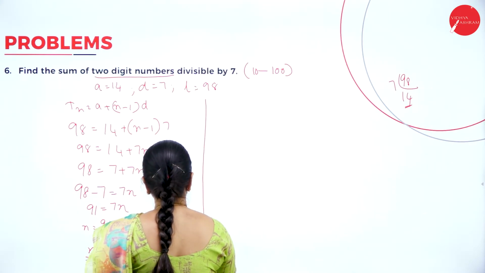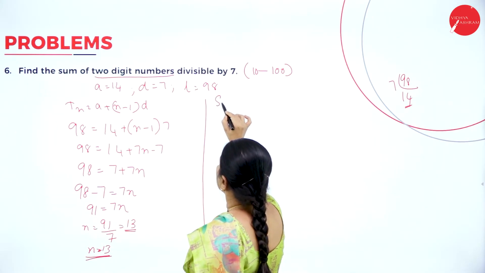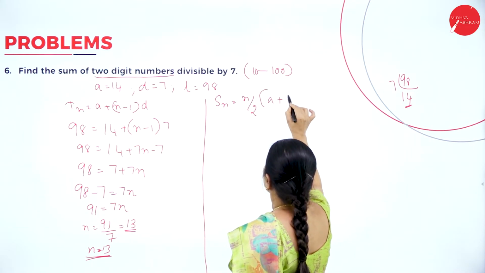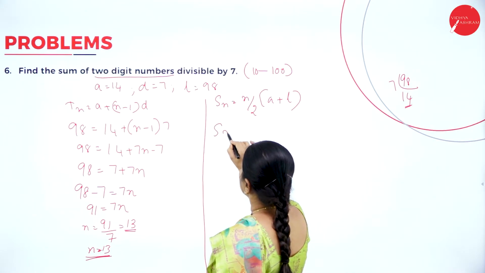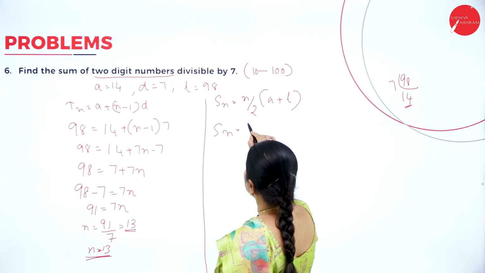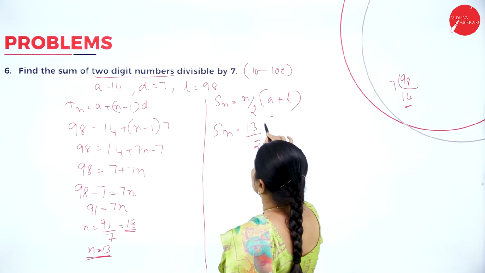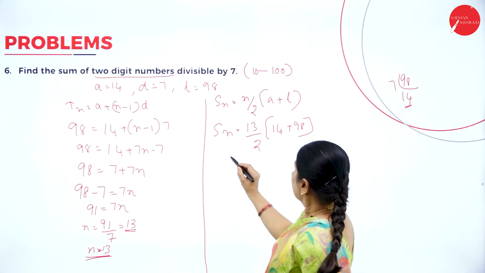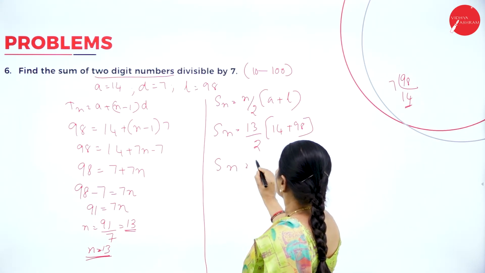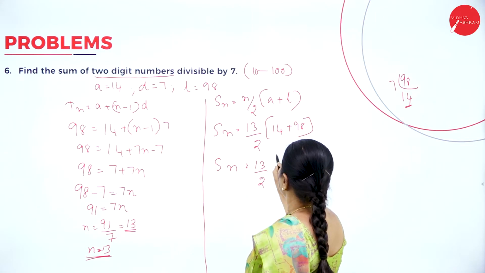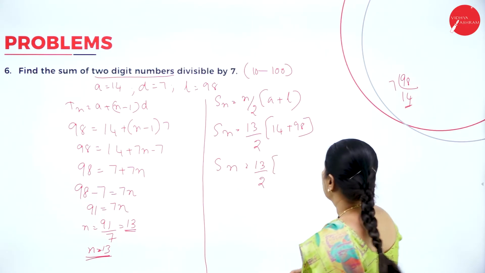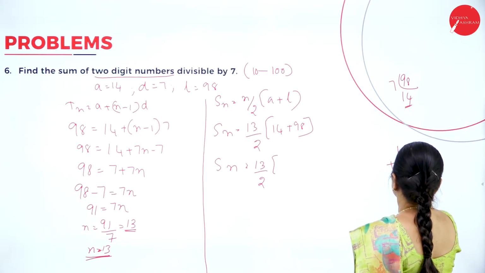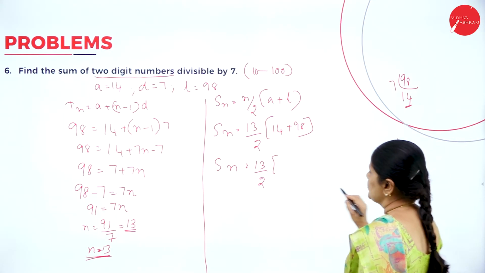Then we have to find Sn equals n by 2 into A plus L. So, Sn equals 13 by 2 into 14 plus 98. 14 plus 98 is 112.